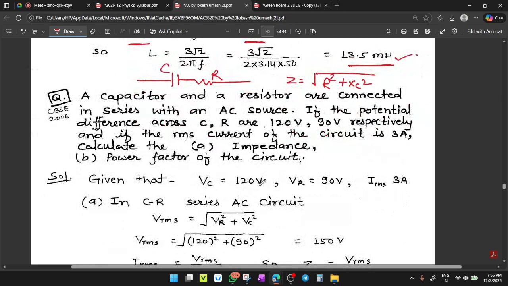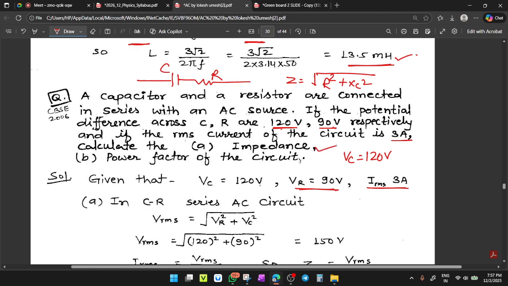The potential differences across C and R are 120 volt and 90 volt. So VC equals 120 volt and VR equals 90 volt, and the current in the series circuit, IRMS, equals 3 ampere.